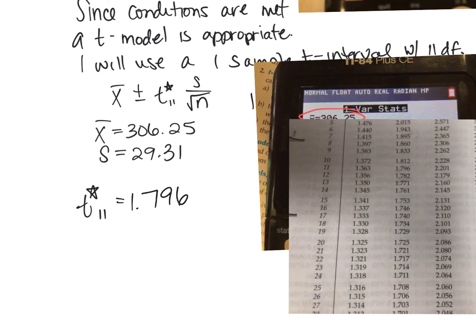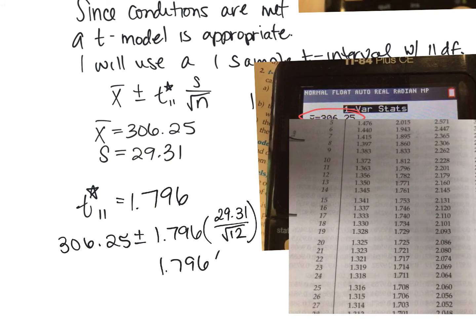And then I can create my interval, which is my sample mean, 306.25 plus or minus 1.796 times s over square root n, 29.31 over the square root of 12. So in your calculator, 29.31 divided by the square root of 12 is 8.46, times 1.796.